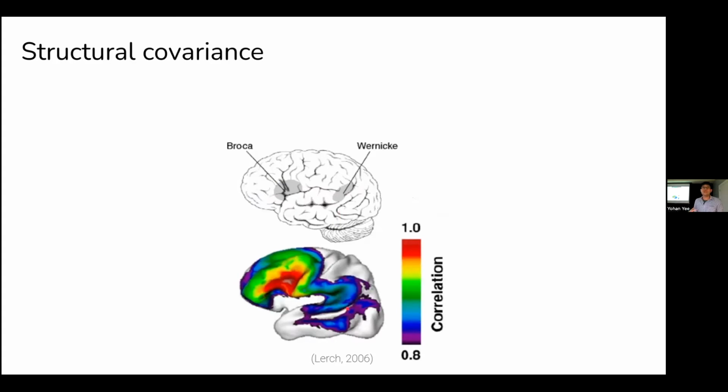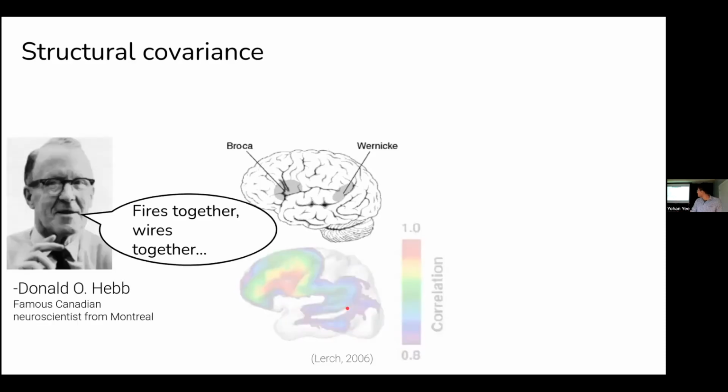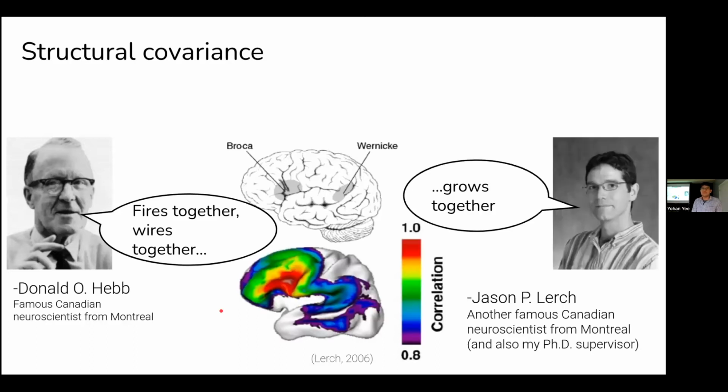So in other words, people with a thicker Broca's area tend to have a thicker Wernicke's area and vice versa. Now this kind of makes sense. These two regions are connected as part of the language network. And so you can imagine things like language fluency or language experience driving the thickness in both these areas at the same time. So in the words of this famous Canadian neuroscientist from the city, regions that fire together and wire together might also grow together.